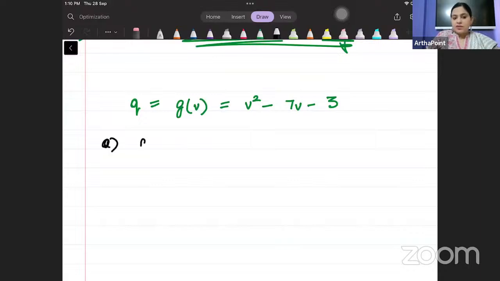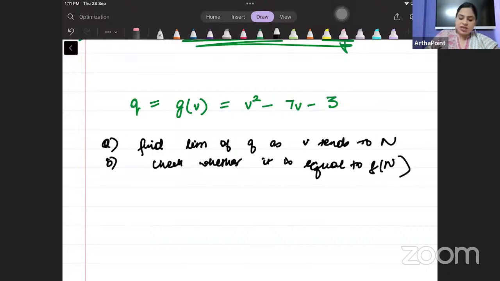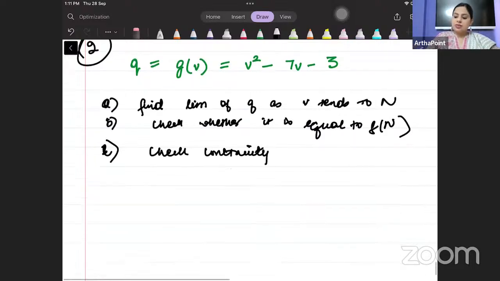Part A. Find limit of Q as V tends to N. Second, check whether it is equal to GN. Beta, this is exercise 2, huh? Question number 2. And third, check continuity. करके देखते हैं एक बारी.